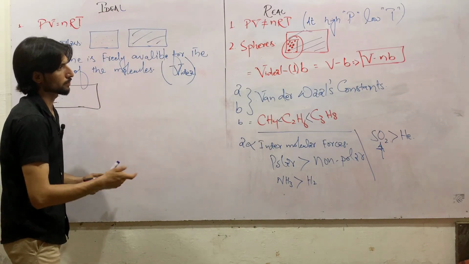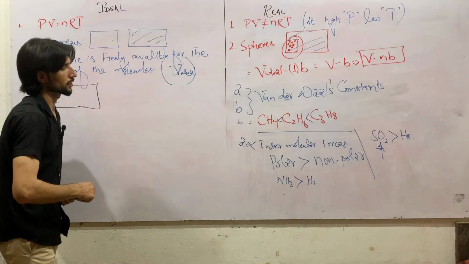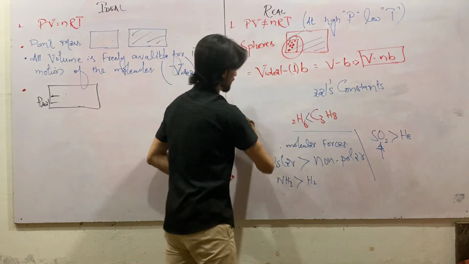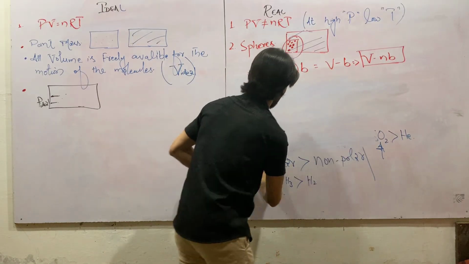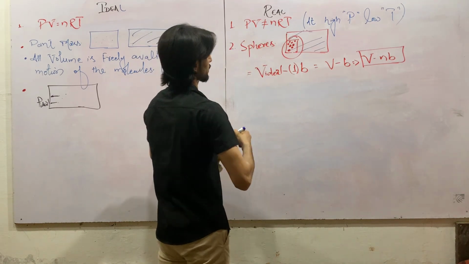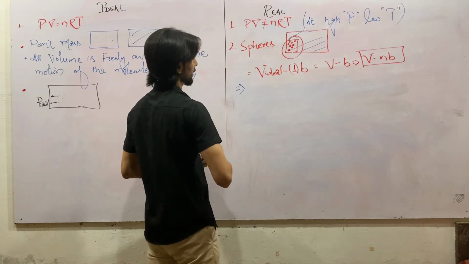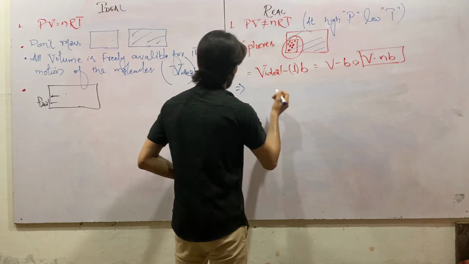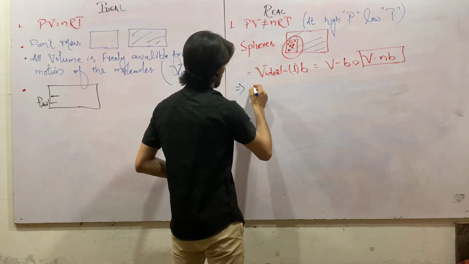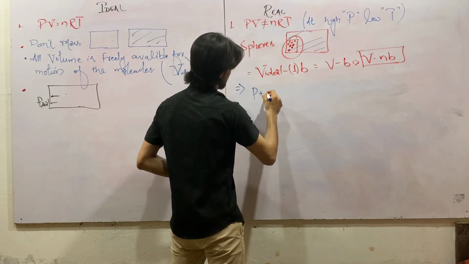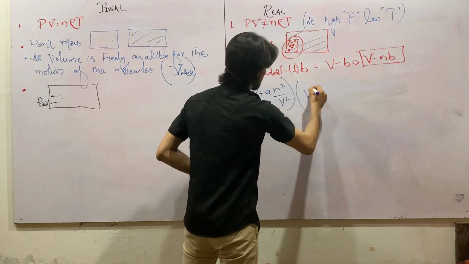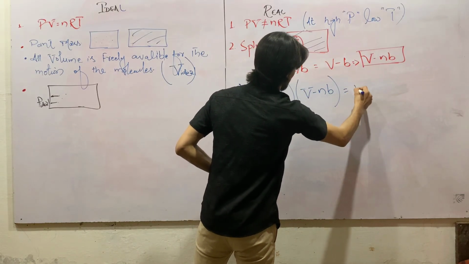Now let me tell you something about the calculation of units of a and b. One thing to tell you is that you must look at what they are adding up with or subtracting from. So now I must write the van der Waals corrected equation for real gases. So (P plus a n squared over V squared) into (V minus nb) equals nRT.